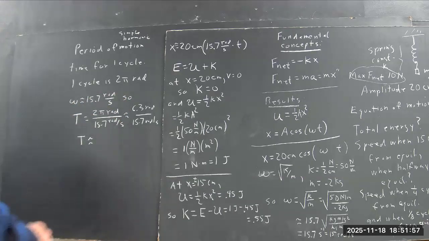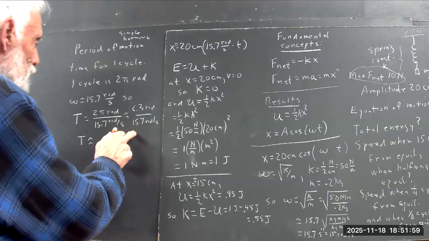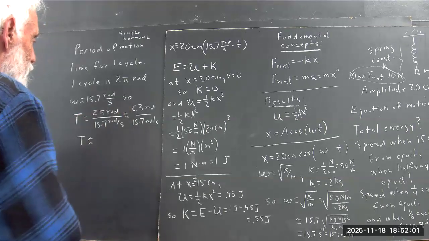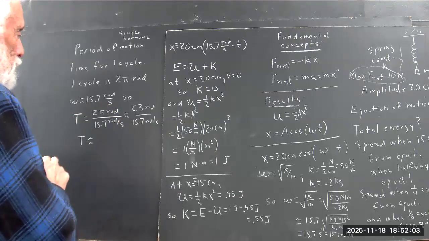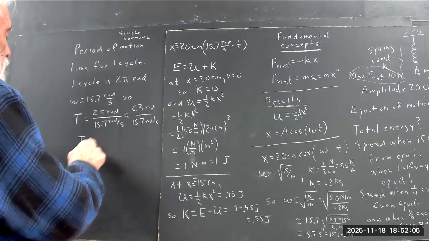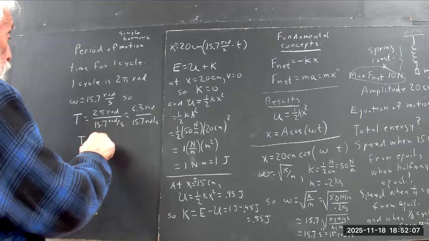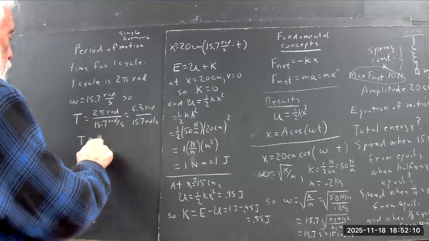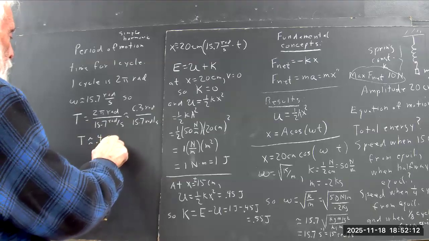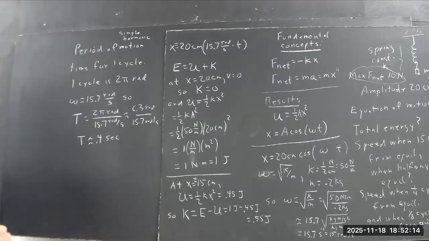This is somewhat less than 16, and this is somewhat less than 64. So I'm going to just say T is approximately 0.4 seconds. Yeah, that's fairly close. And that's a nice, easy number to calculate with.